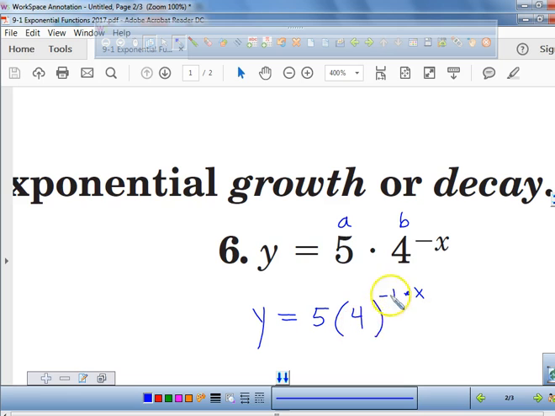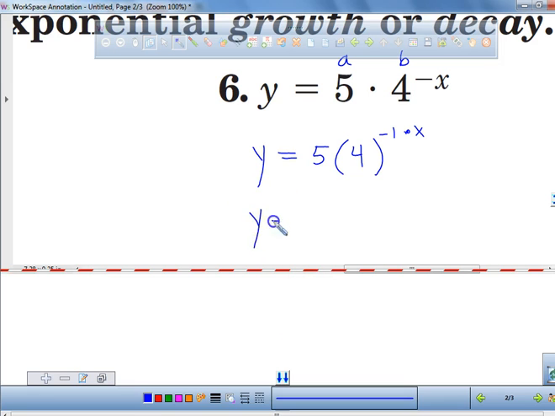If I have 4 raised to the power of -1, that's the same thing as this, everybody. 4 raised to the power of -1 is the same, right here, using the same equations. You guys know that 4 to the 0 is 1. You know that 4 to the first is 4.